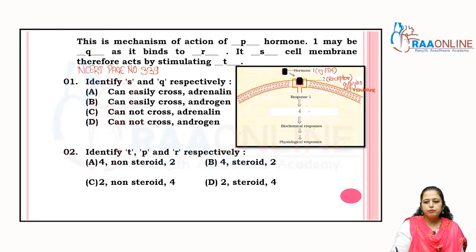That 4, what is that 4? That 4 is the generation of the second messenger, like cAMP, that is cyclic AMP, or the calcium ions.